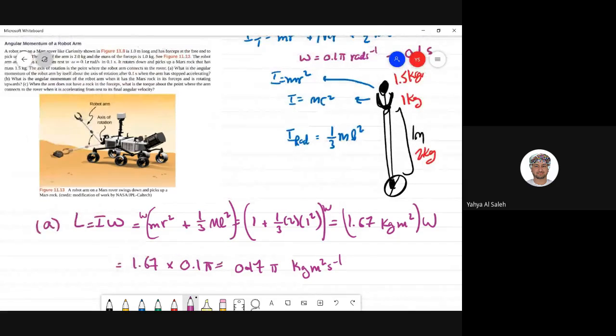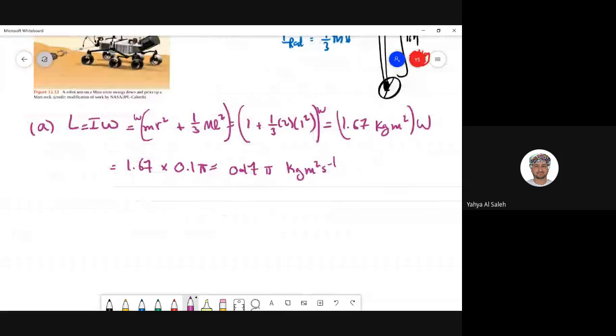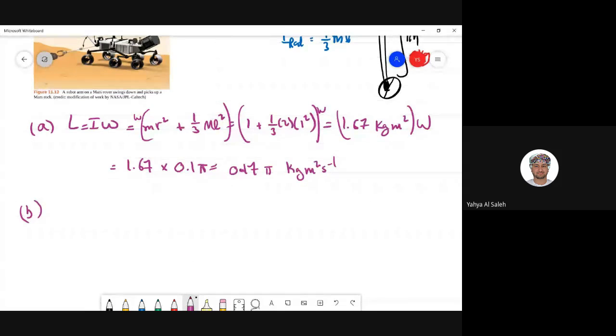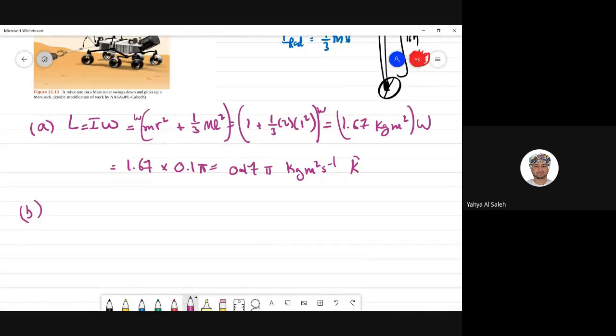Part B, what is the angular momentum when it has the Mars rock in its forceps and it is going upwards? Well, it's the exact same calculation, but now the direction here is k given by the right hand rule. We do the exact same calculation, but now my I also has an extra component because there's the stone.